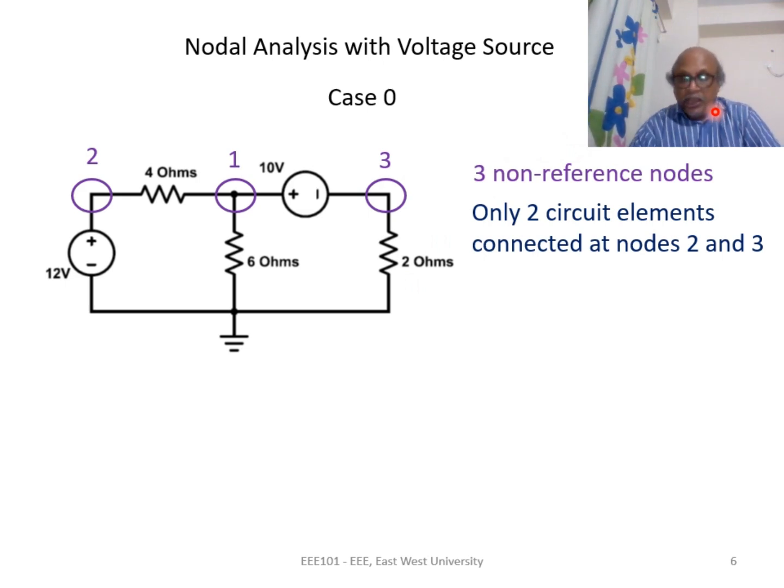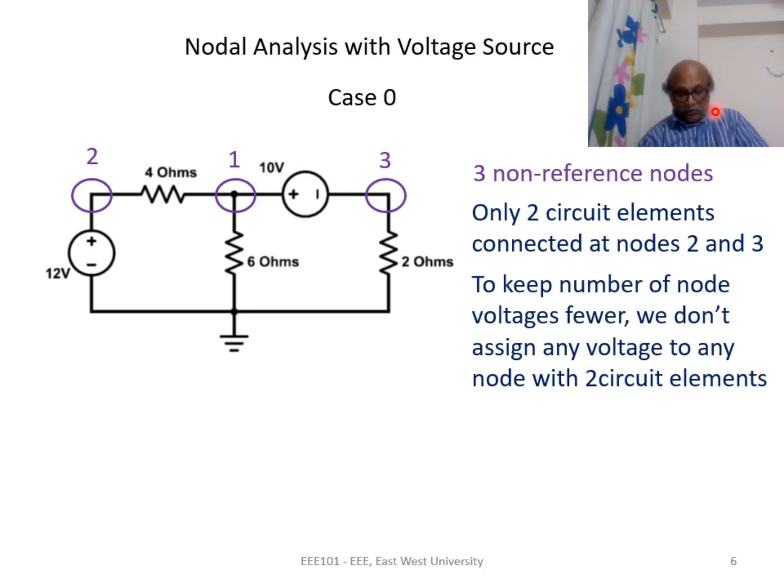We now change our procedure for nodal analysis, and we say that we do not assign node voltage to every non-reference node. We assign node voltage to only those non-reference nodes where three or more circuit elements are connected. In other words, if a non-reference node has only two circuit elements connected, we do not assign any node voltage.